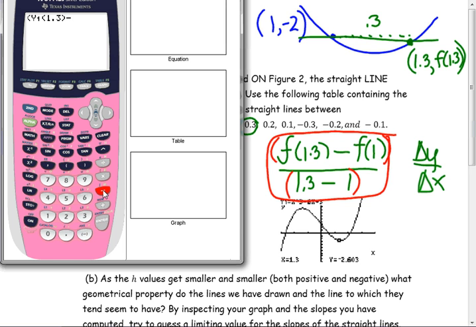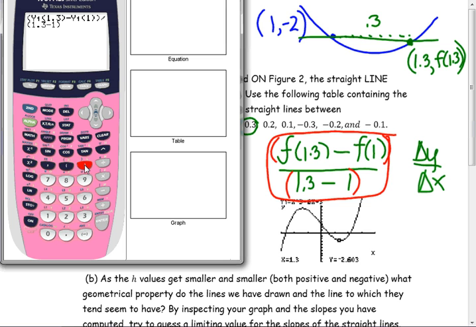Okay, VARS, because it actually can see slope then. And then I want to pick up Y1 of 1. Hopefully you see the slope there. Close the parenthesis. So that's the change in y in the numerator. Then you have to hit divided by, and then parenthesis, because that's order of operations, 1.3 minus 1. That's going to give me my slope.